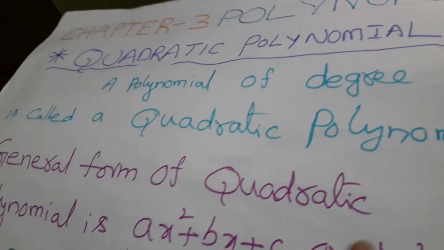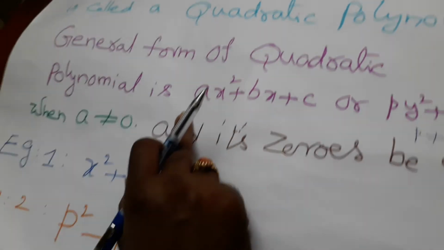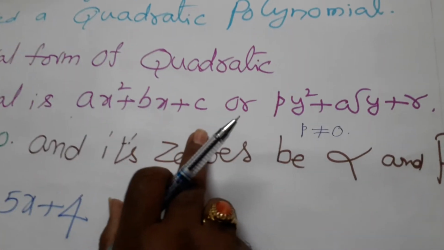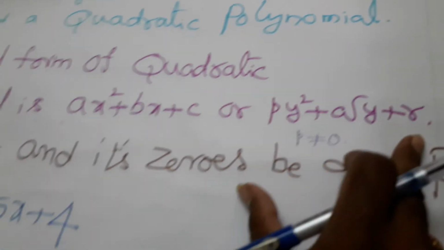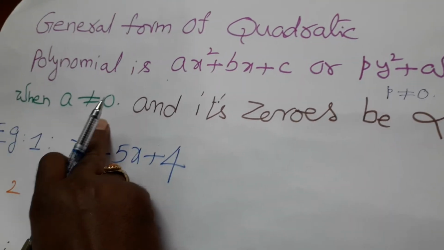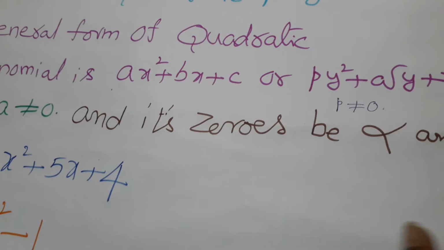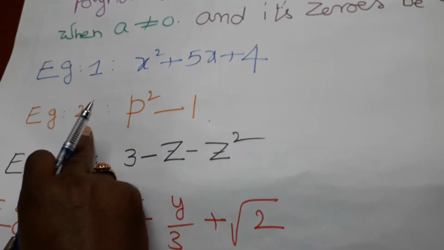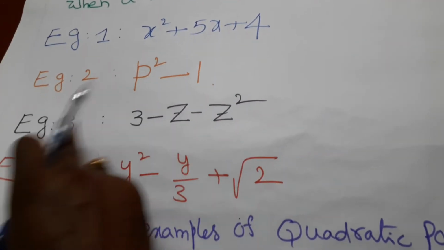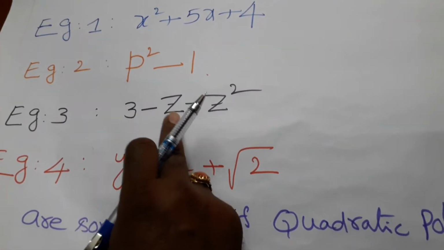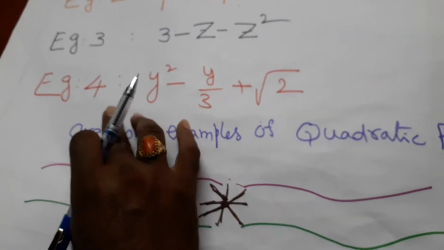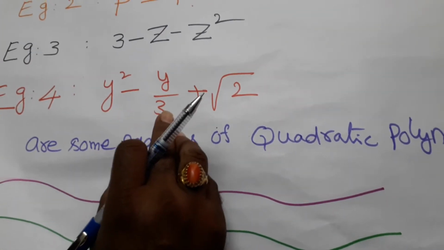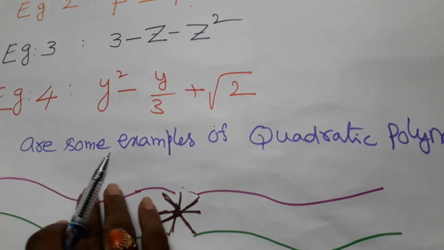The general form of a quadratic polynomial is ax square plus bx plus c or py square plus qy plus r, when a is not equal to 0, and its zeros are generally denoted by alpha and beta. Example 1, x square plus 5x plus 4. Example 2, p square minus 1. Example 3, 3 minus z square. Example 4, y square minus y by 3 plus root 2. These are some examples of quadratic polynomials.